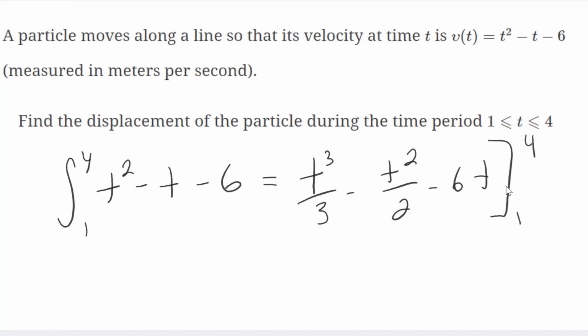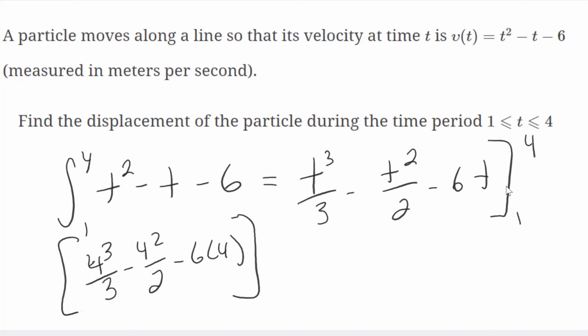So we've got 4 to the third over 3 minus 4 squared over 2 minus 6 times 4 minus 1/3 minus 1/2 minus 6.